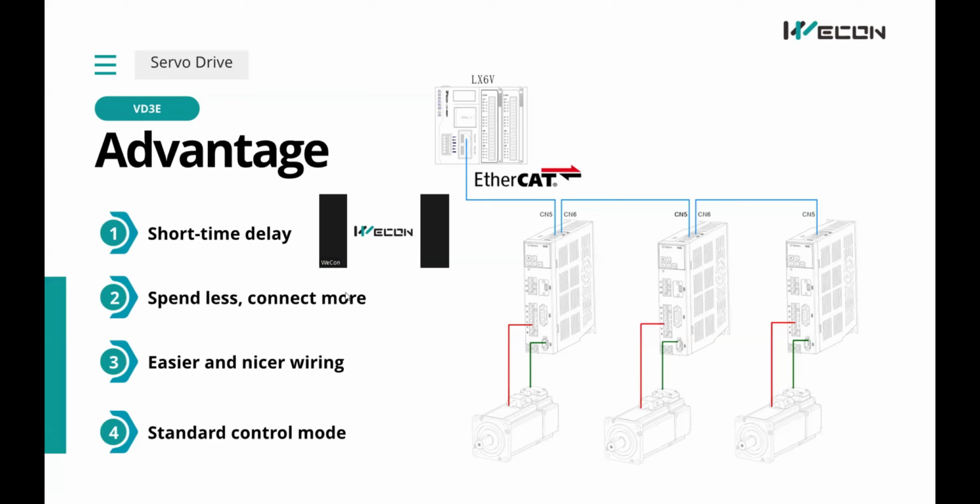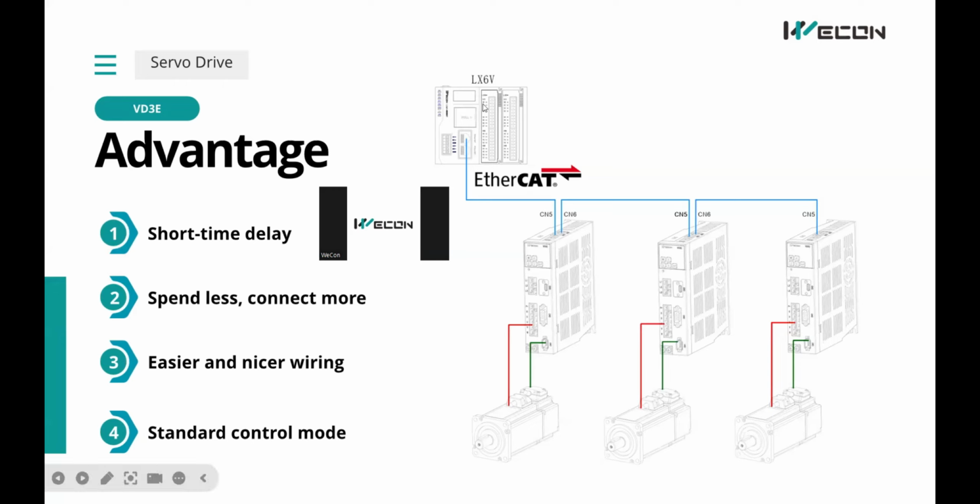So there will be a hardware limit. But for VD3E with EtherCAT communication, we don't need high-speed output to control our driver. We use a communication way to control it.